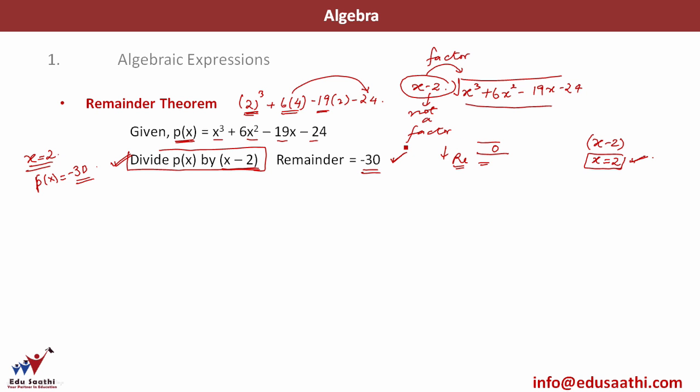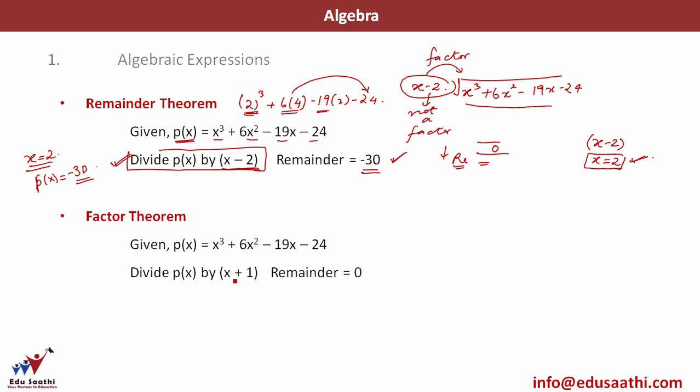Now the factor theorem. If I give you the same expression, and I divide it with x plus 1, that means division with x plus 1 means I will put x is equal to minus 1. Minus 1 cube minus 1 square plus 6, this will be plus 19 and minus 24 that I have.